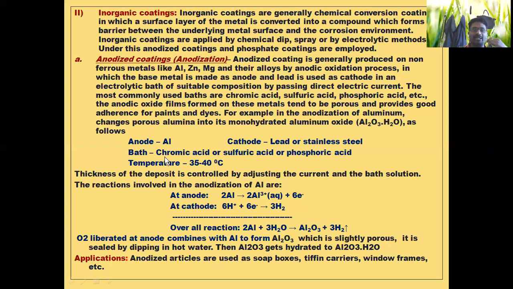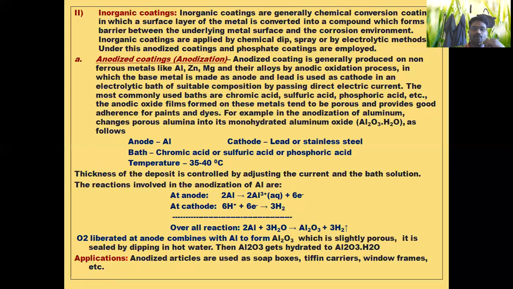Then what kind of baths are used? Chromic acid bath, sulfuric acid bath, or phosphoric acid bath can be used. Temperature is 35 to 40 degrees centigrade. Thickness of the deposit is controlled by adjusting the current and also the bath composition.